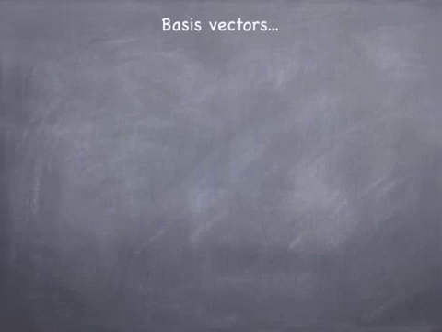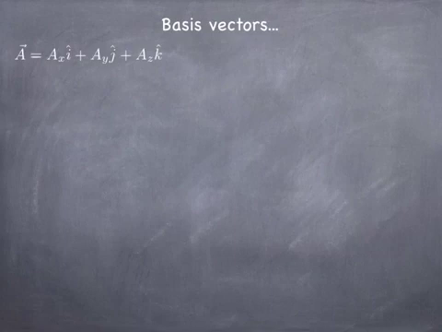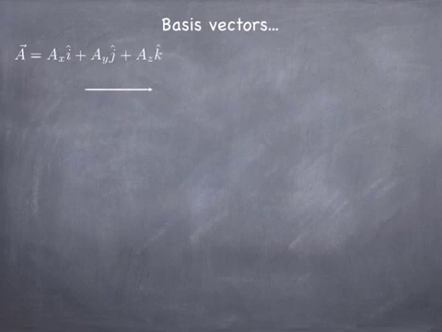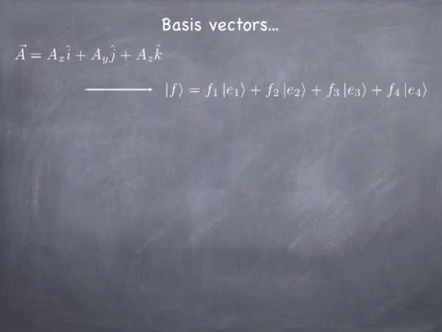Okay, let's talk about basis vectors. A set of basis vectors is sort of the analogy of the i hat, j hat, and k hat vectors from regular old spatial vectors. In linear algebra, we use basis vectors, which are sometimes called the e sub i's: e sub 1, e sub 2, e sub 3, e sub 4.